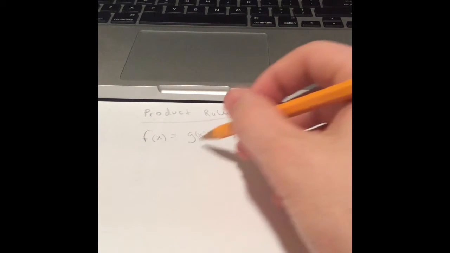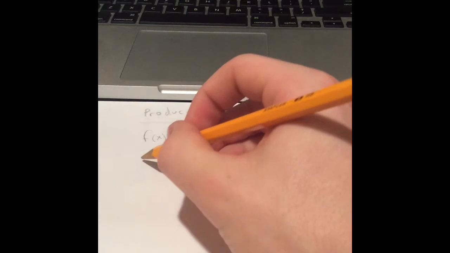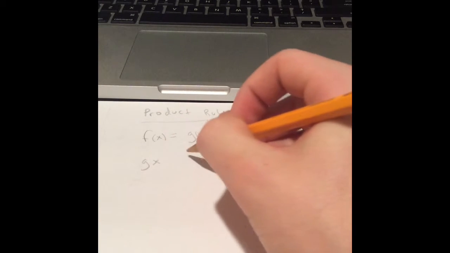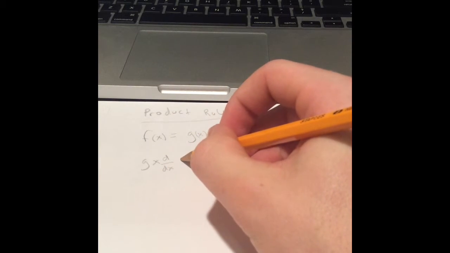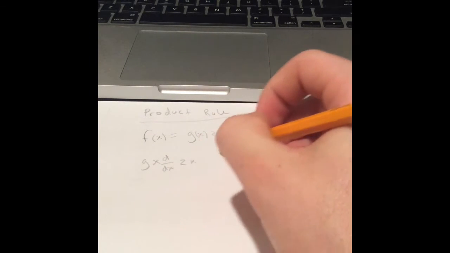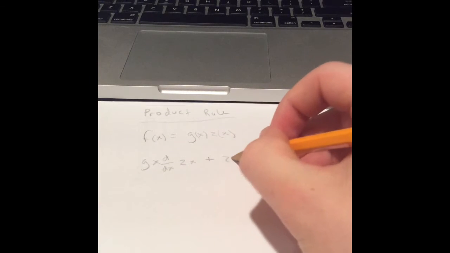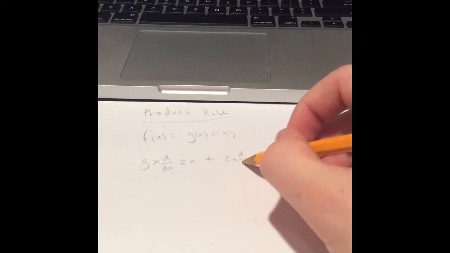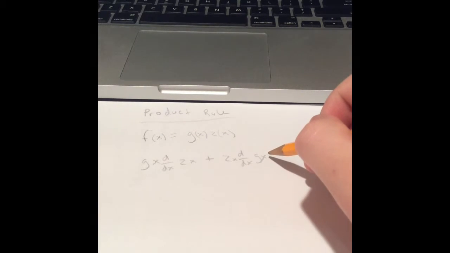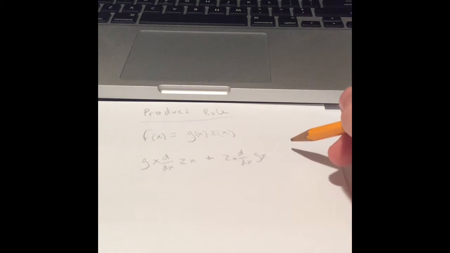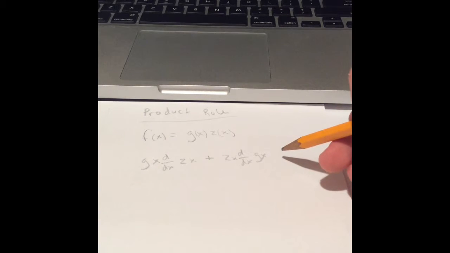And the product rule says that you need to take g of x times the derivative of z of x plus z of x times the derivative of g of x. And then simplify that and you'll get your answer.